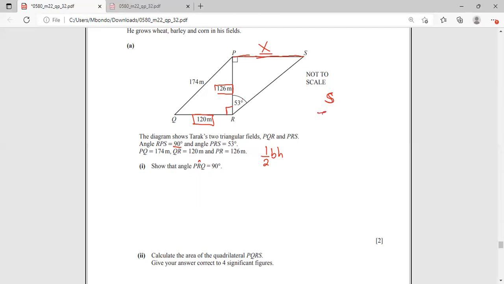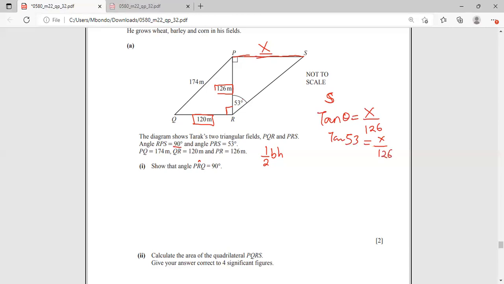So we're going to say tan theta is equal to the opposite, which is x, the one that we're looking for, over adjacent, which is 126. And then this part where we have tan here, we've been told that we need to put 53, is equal to x over 126.